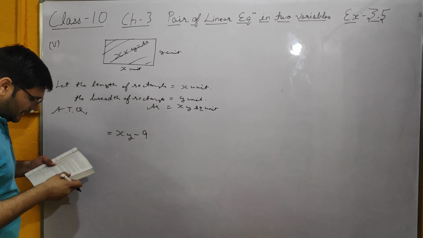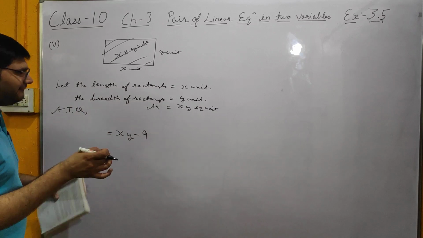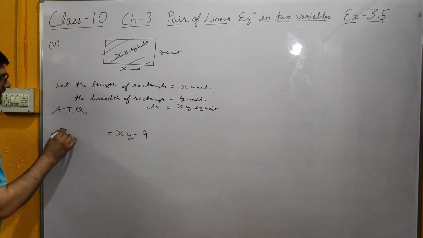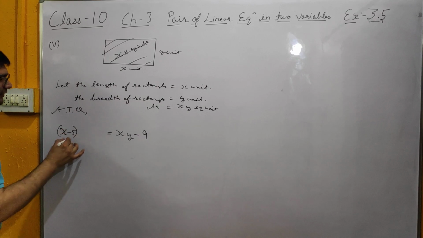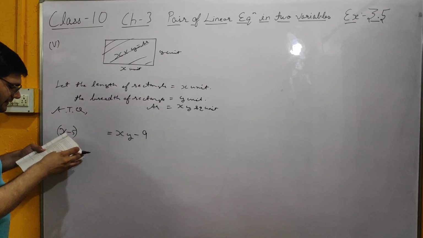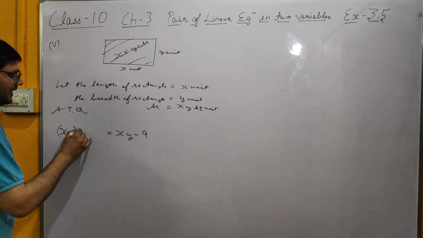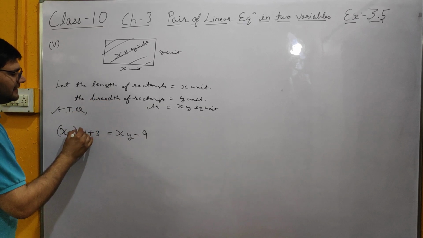This happens when the length is reduced by 5 units and the breadth is increased by 3 units.